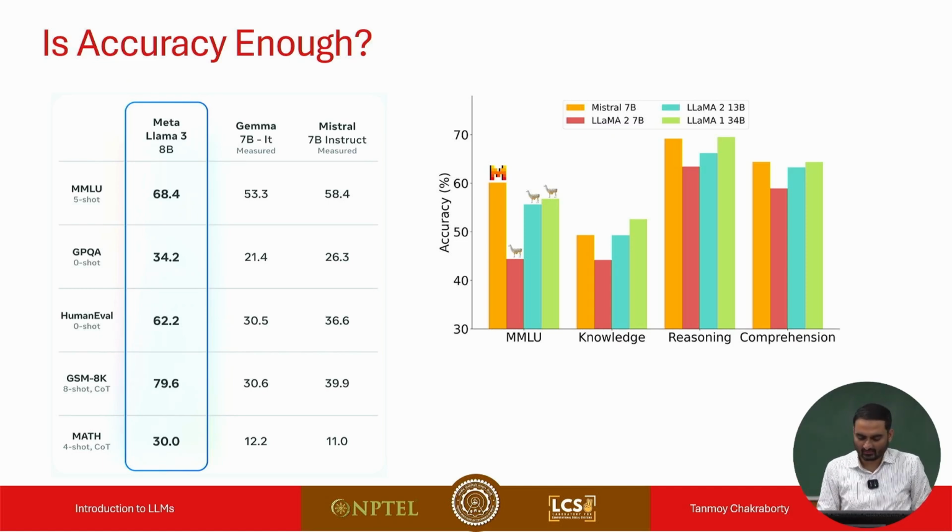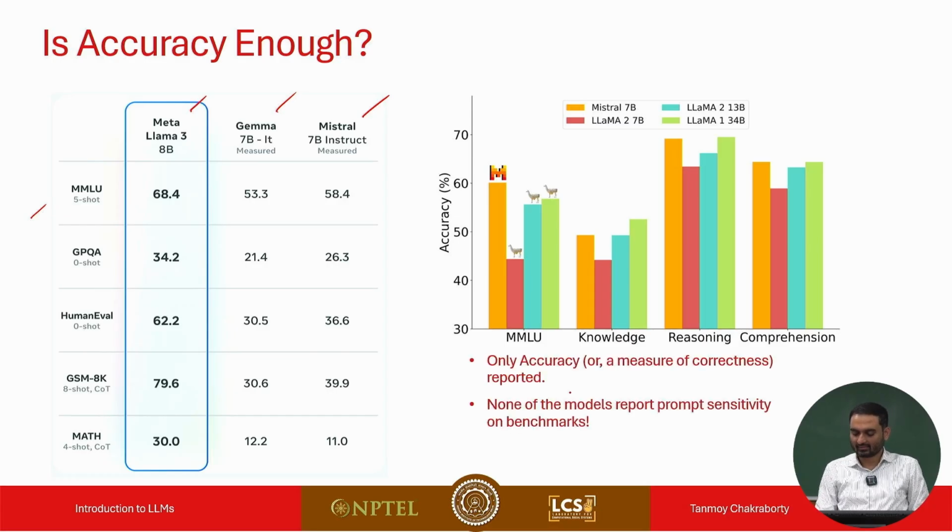And you see here that models like Llama 3, Gemma, Mistral 7 billion instruct, across different tasks, MMLU, HumanEval, GSM8K, these are all different reasoning tasks, people always report the accuracy. But we said that accuracy is not enough. You also need to report the sensitivity of the model.